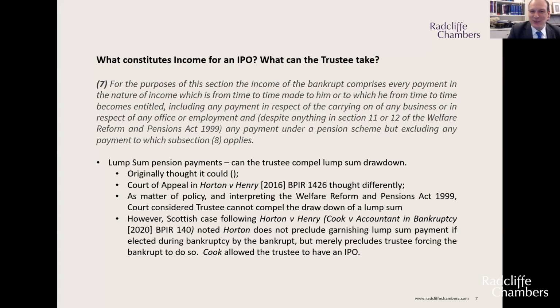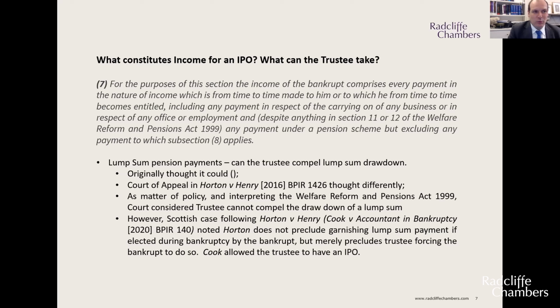Interesting bit of case law has happened in the last few years on this. It was originally thought that a trustee could compel a bankrupt to force them to take a lump sum payment of their pension to which they were entitled, but were not required to take. More recently, the Court of Appeal in Horton and Henry said, well, no, that's not right from a public policy perspective.